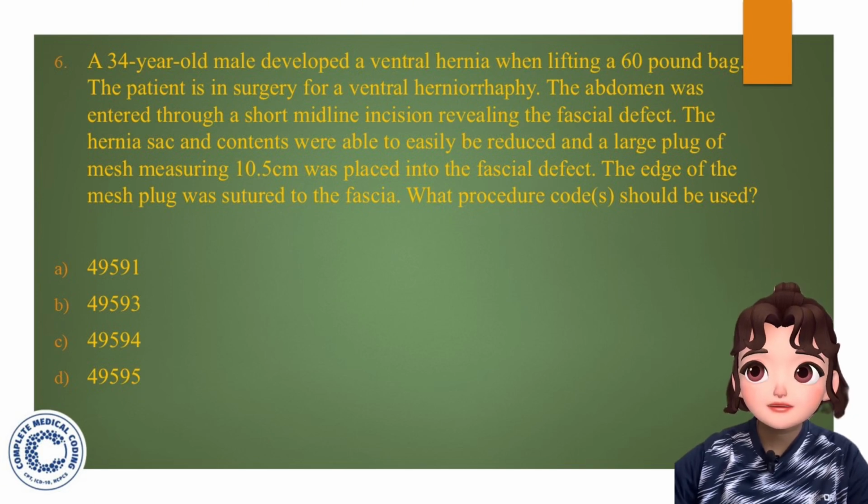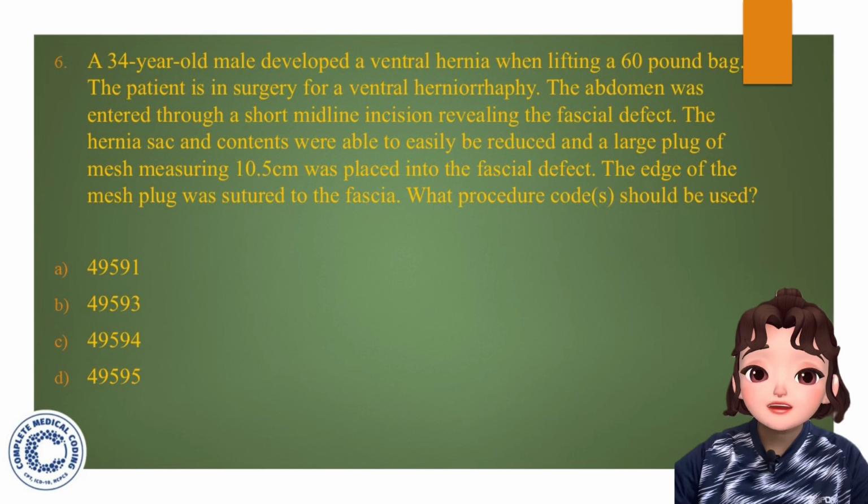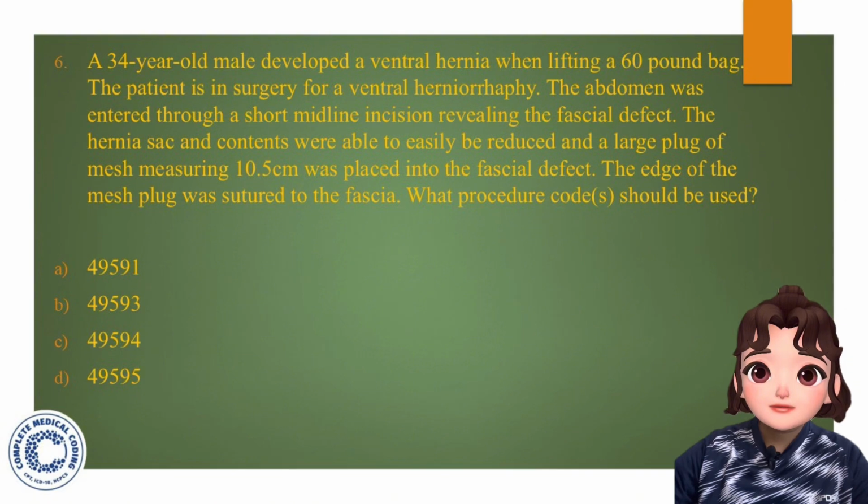So in our question also there is placement of mesh, or other processes when performed, total length of defect less than 3 cm, reducible. In the question it is reducible itself. See, the hernia sac and contents were able to easily be reduced. So it is reducible. And here the size is 10.5 cm, which is large. But in the first code it is less than 3 cm. So that's wrong. Now what is the next code?